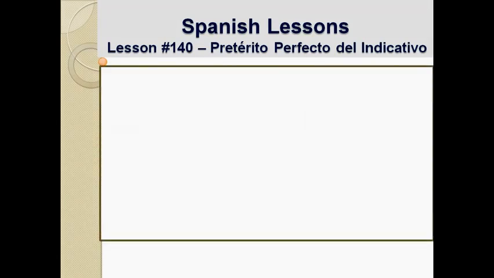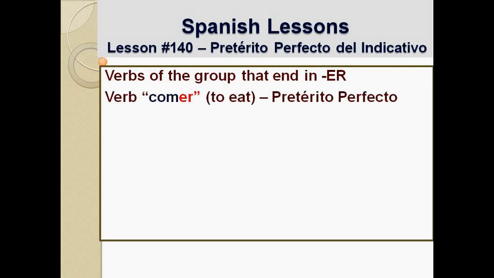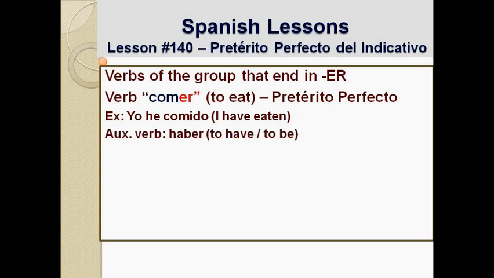Let's continue with the second group of verbs in Spanish. These are the verbs that end with the letters ER. And we will choose as an example the verb comer. Comer means to eat. Example, yo he comido. I have eaten.